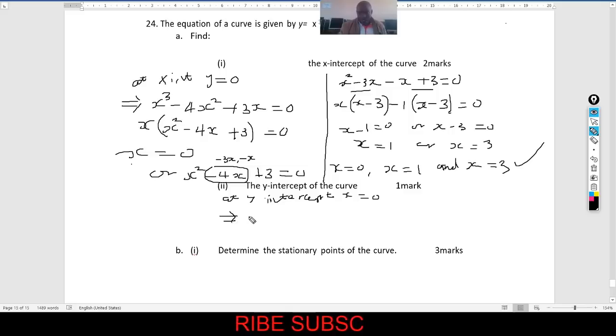So that means y equals 0 cubed minus 4 times 0 squared, plus 3 times 0. All this gives y equals 0. That's 1 mark.